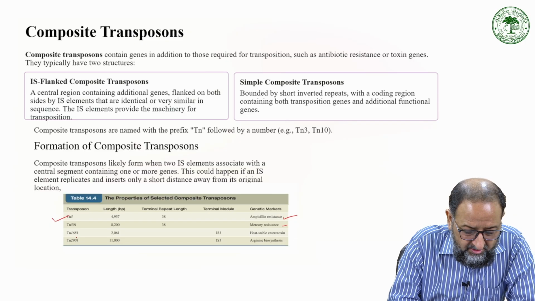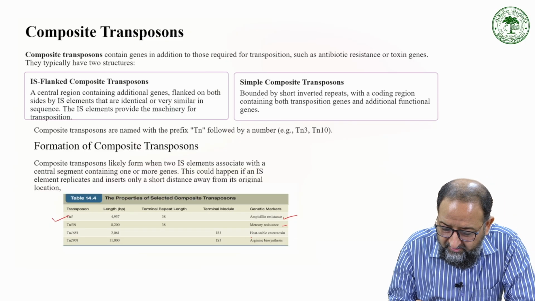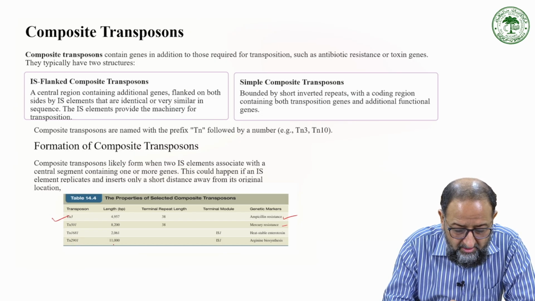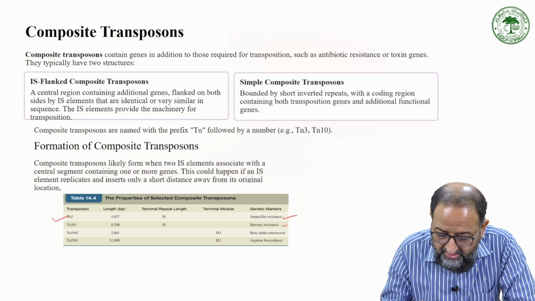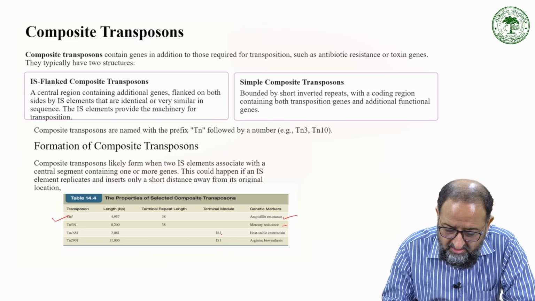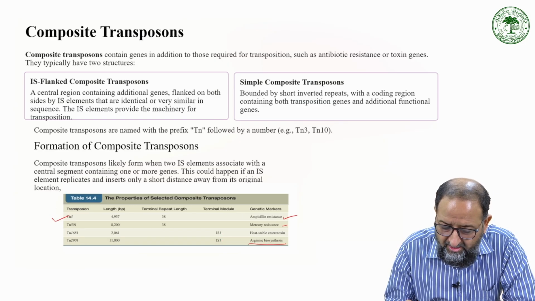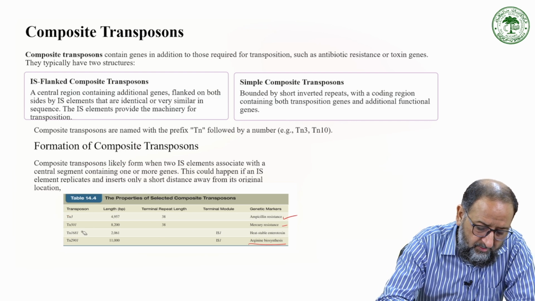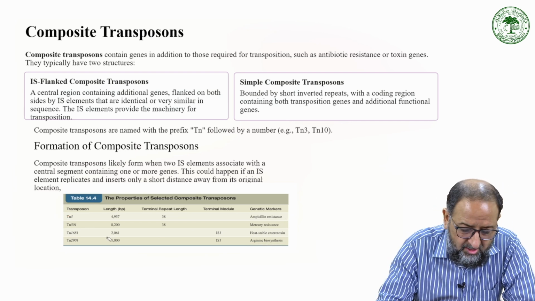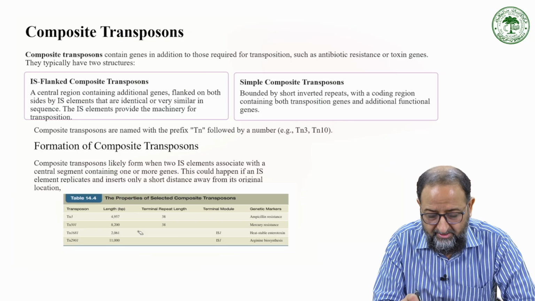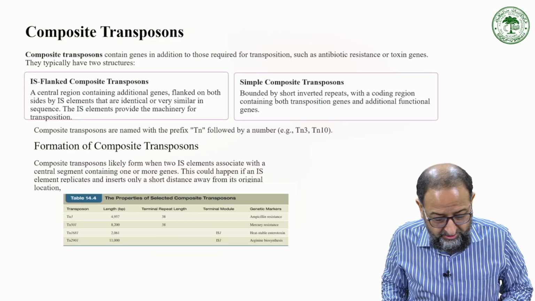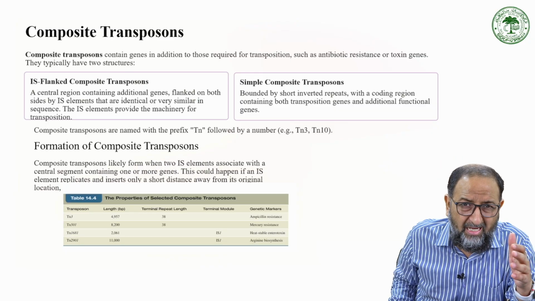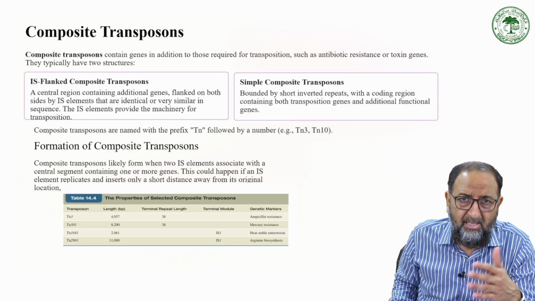Then we have Tn1681, 2 kb, with heat-stable enterotoxins, and Tn2901, almost 11 kb, which has IS1 and arginine biosynthesis. So these are the different types of transposons, characterized by having different types of genes and resistance markers, and they have different sizes depending upon the presence or absence of IS elements.